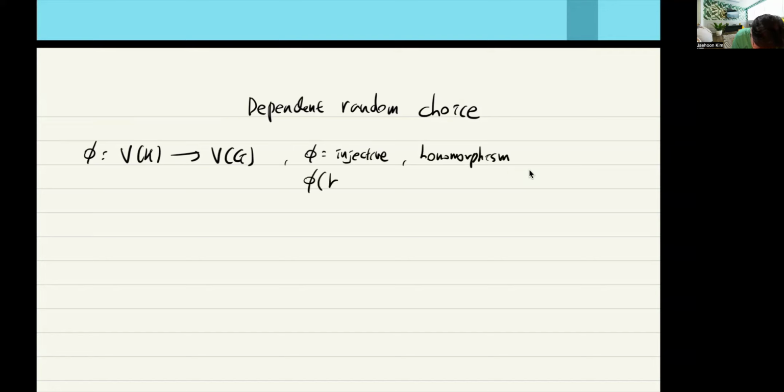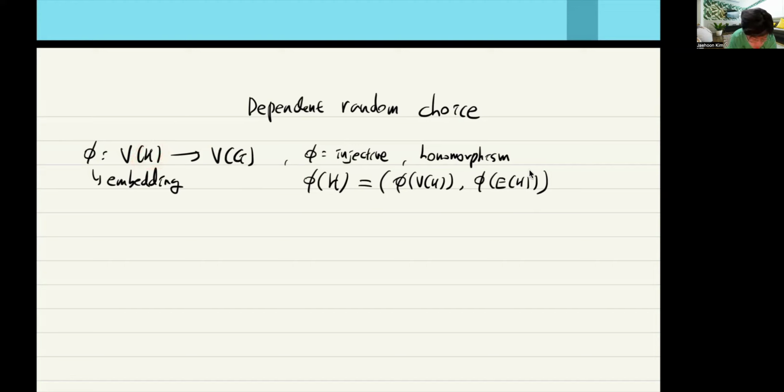Then the image of this, which consists of the vertices and edges, is the subgraph of G which is isomorphic to H. This means that finding a copy of H in G is the same as finding this embedding of H into G. So this is graph embedding.